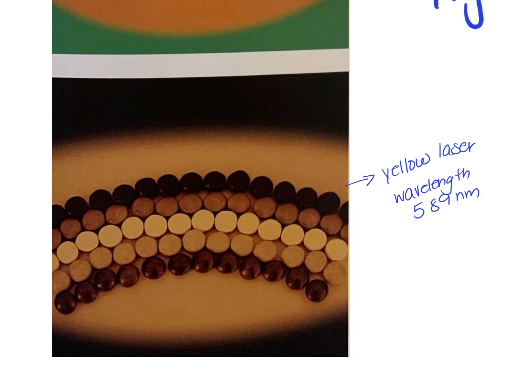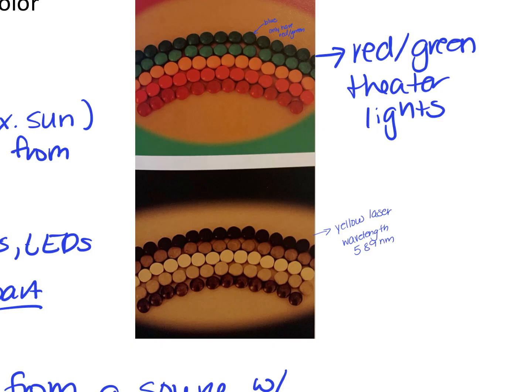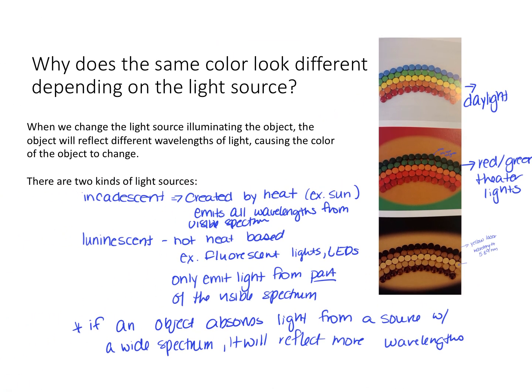So just one really narrow area of that electromagnetic radiation spectrum. Now, only yellow candies appear yellow. There's no other wavelengths for the light to reflect. So everything else has the yellow undertones coming through, or they're appearing to be brown, right? So the yellow candies there are the only ones that are reflecting that light, that appear yellow, their correct color. So light does affect the colors that we can see.